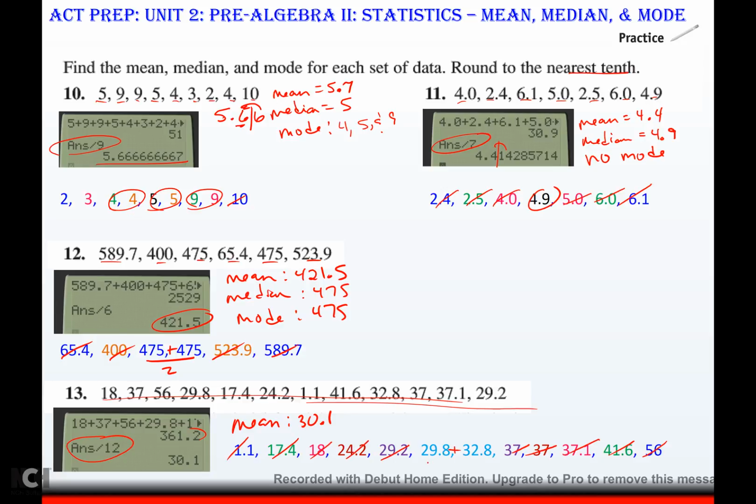It's a tie, so I add those up and I divide by 2, which is approximately 31.3. So there's my median. And my mode is what occurs most often. And I got 2 37s. So my mode would be 37. Okay?